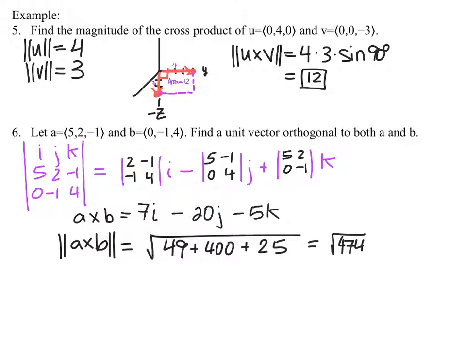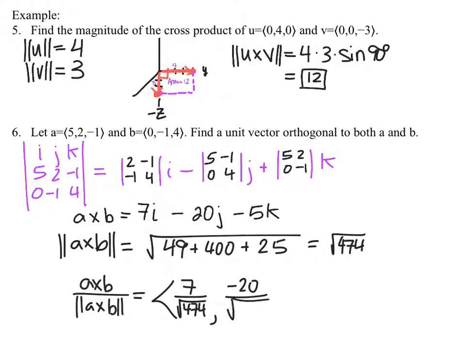And so the unit vector is going to be A cross B over the magnitude of A cross B. Can I simplify the rad 474? I don't know. Maybe. I don't want to, so I'm not going to. And I'm going to put it in component form. So rad 7 over rad 474, -20 over rad 474.